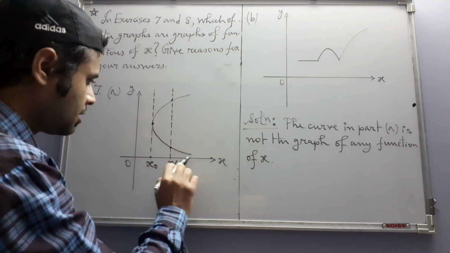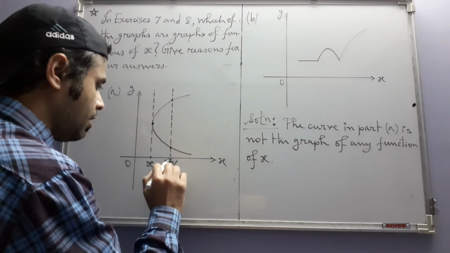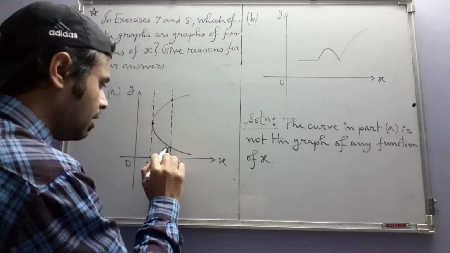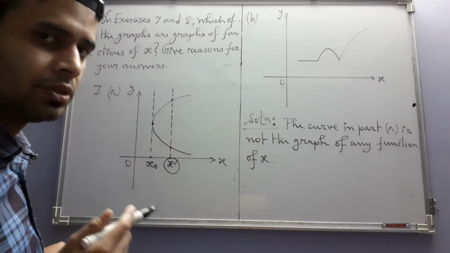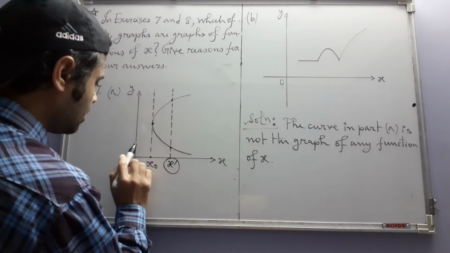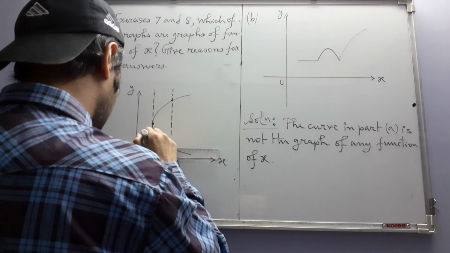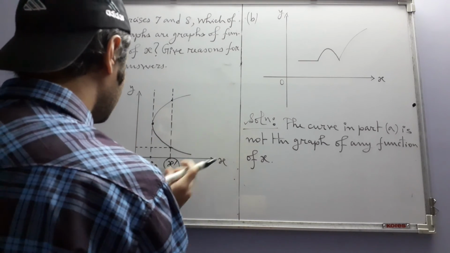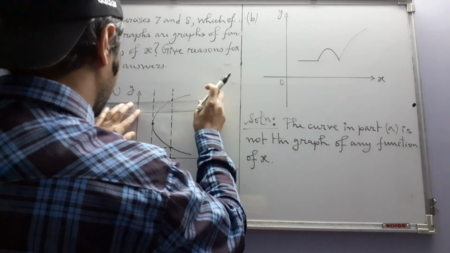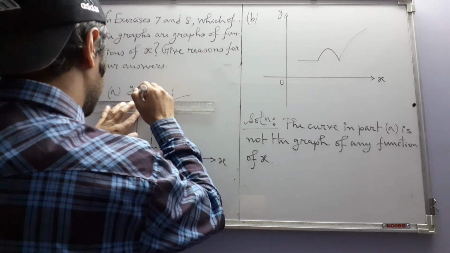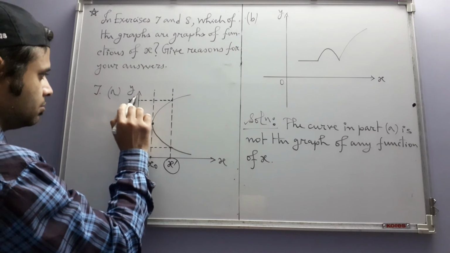So if this is the graph of some function, then at this input it will have two different outputs, which is not allowed when we are talking about functions. One of the outputs is this one, say y, and the other output is here, y prime.